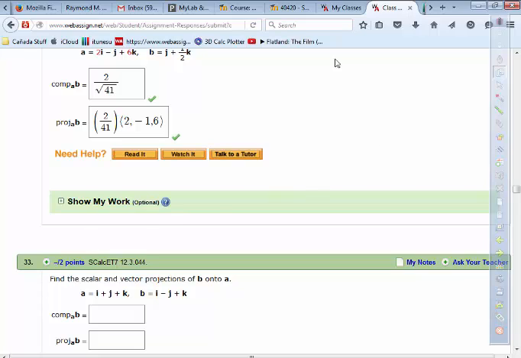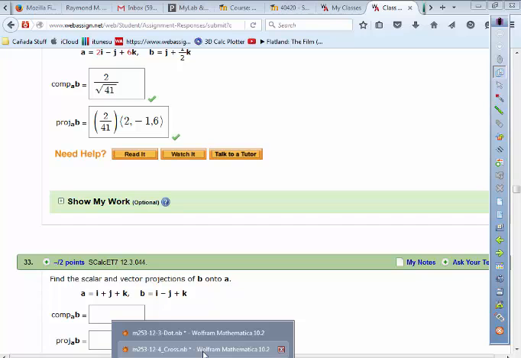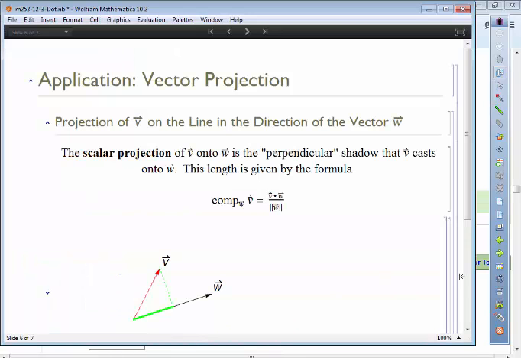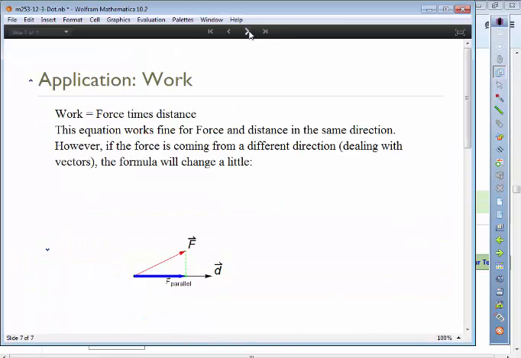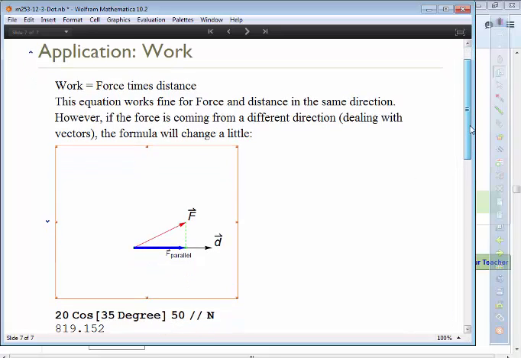All right, one more quick application. Let's see how quick this can go. The other application is work. I won't say too much about this.